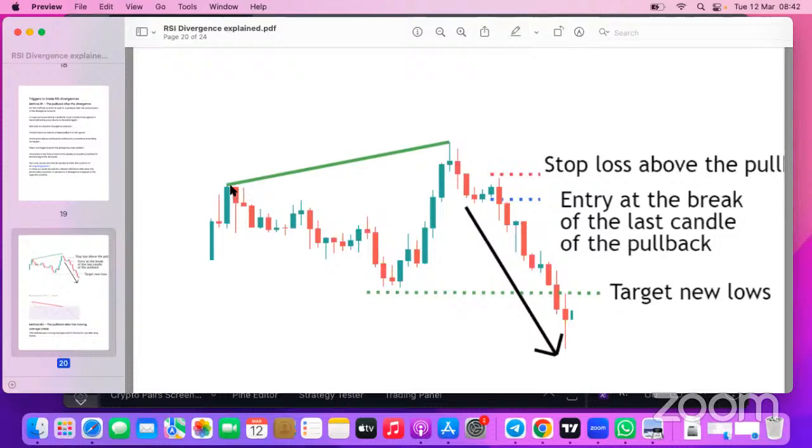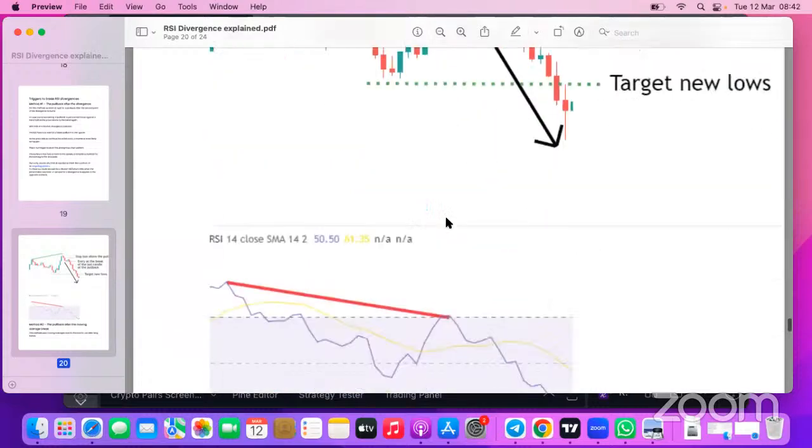So maybe this was your divergence discovered. The stop loss is above the pullback, your entry point at the break of the last candle, forming new lows. I'll get to this later.